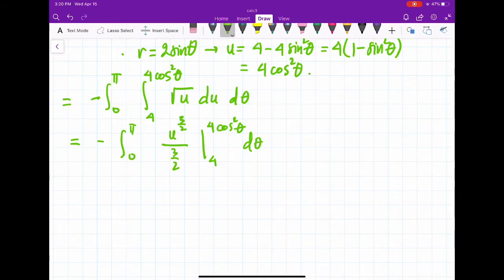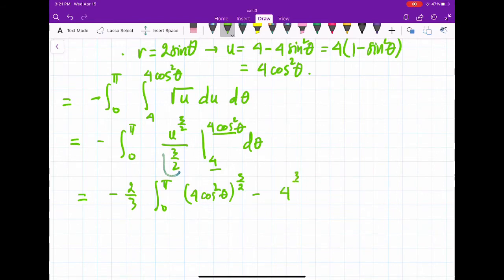Now I just plug these two values into the function. I get negative 2/3, because I just bring this part out, integral from 0 to pi of 4 cosine squared theta to the 3/2 minus 4 to the 3/2, d theta.